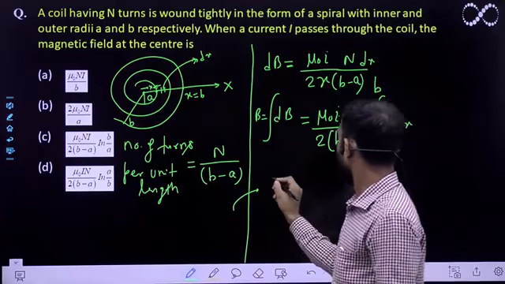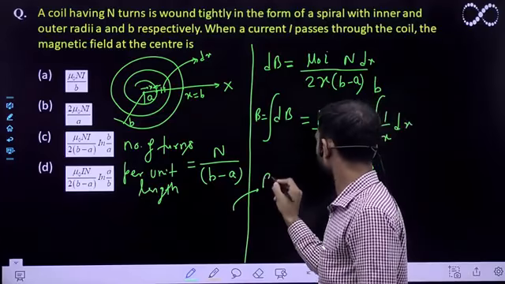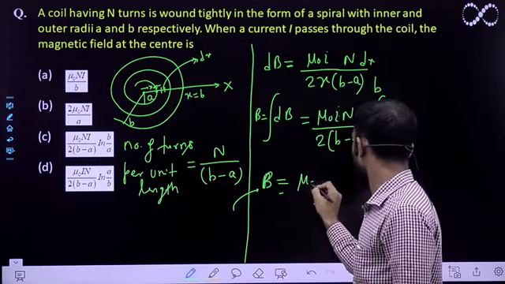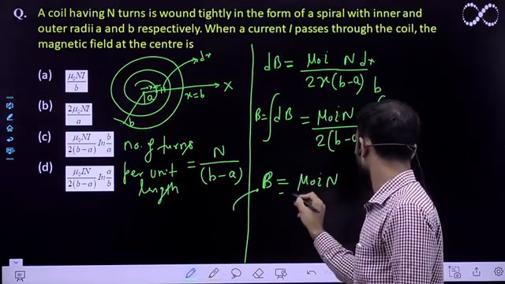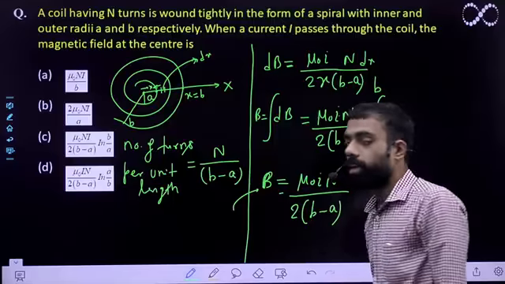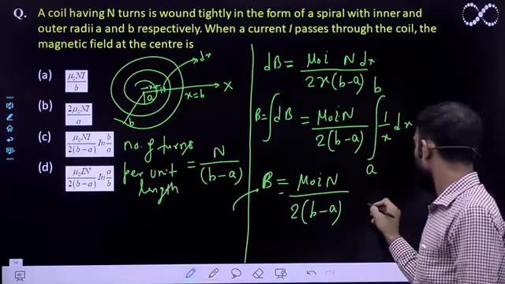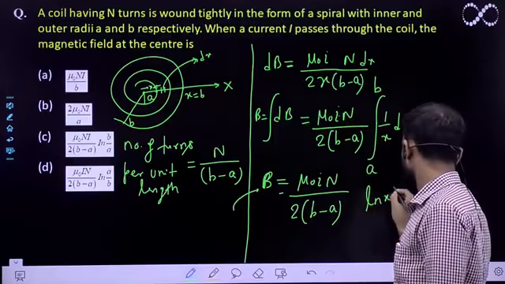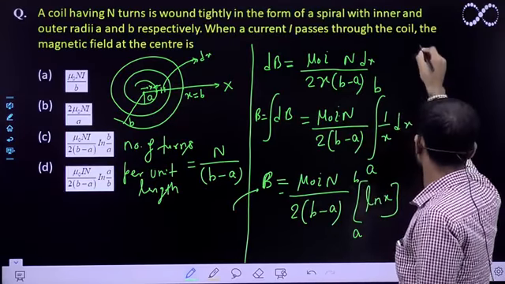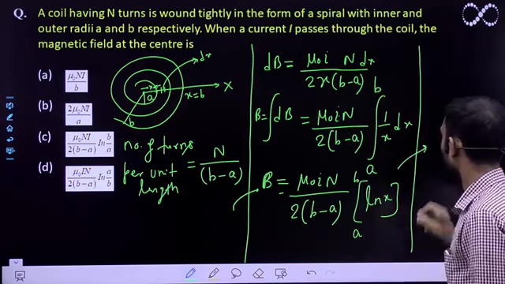Now see, B will become mu naught I n upon 2 times b minus a. The integration of 1 upon x is ln x, so this will become ln x from a to b. Now you can easily say what the answer will be.